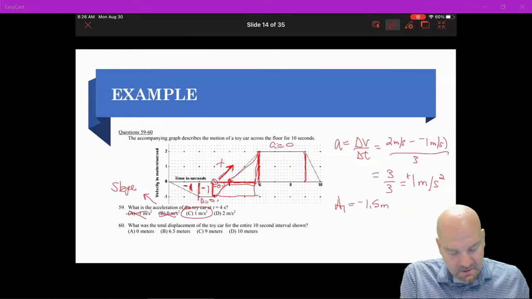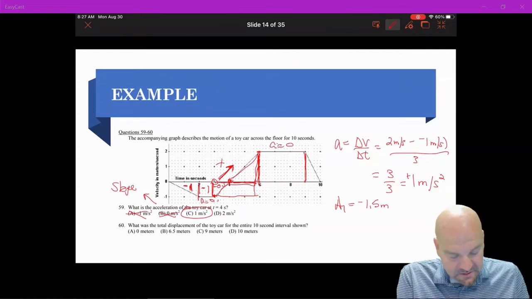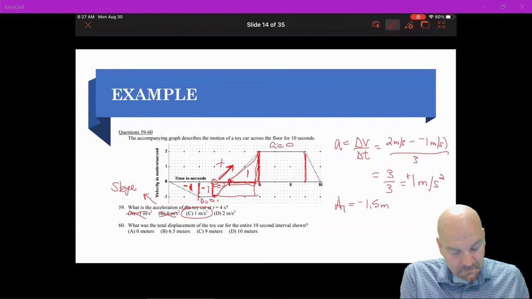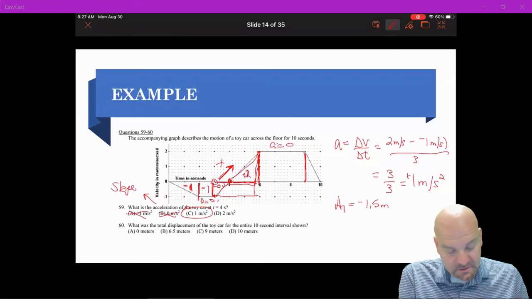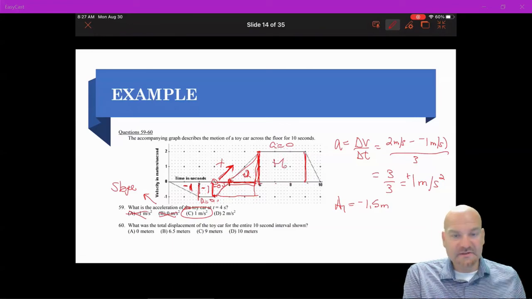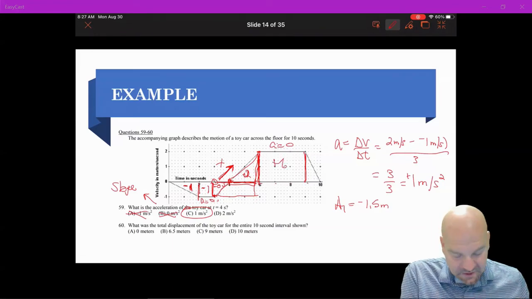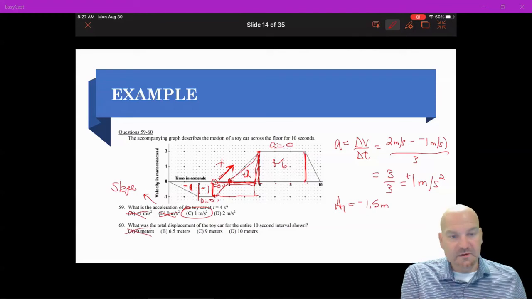Okay, now for the second part, I have 1/2 times 2 is 1, times 2 is going to be... Oh, I apologize, it's going to be 2, because 1/2 times 2 times 2. And I have 2 times 1, 2, 3. So 2 times 3 is positive 6. Okay, so what you can see here is we're already bigger than 0 meters, right?